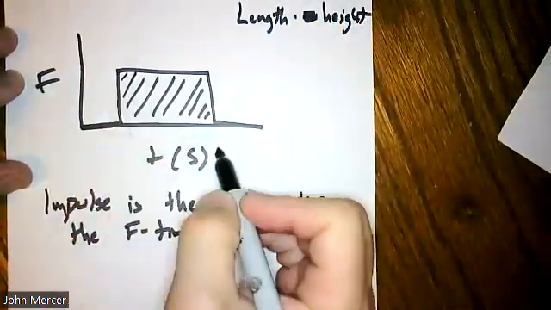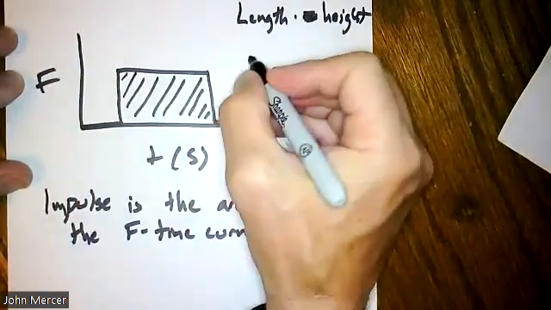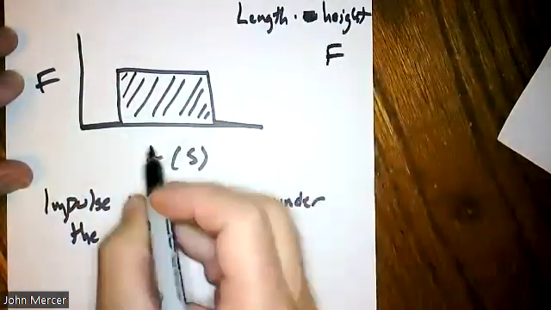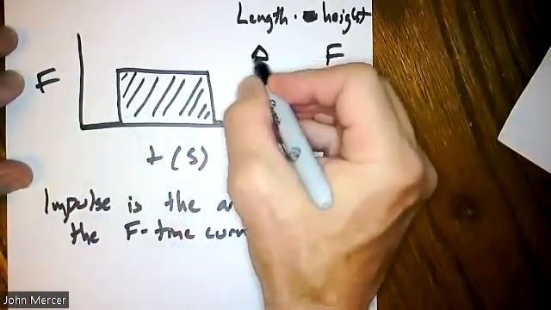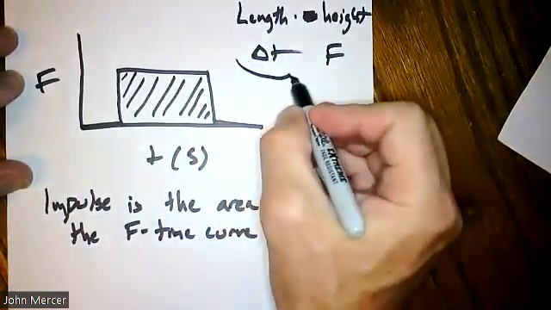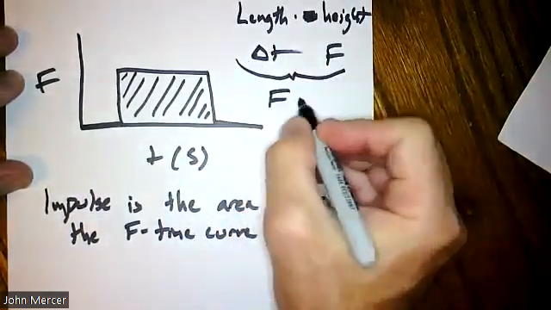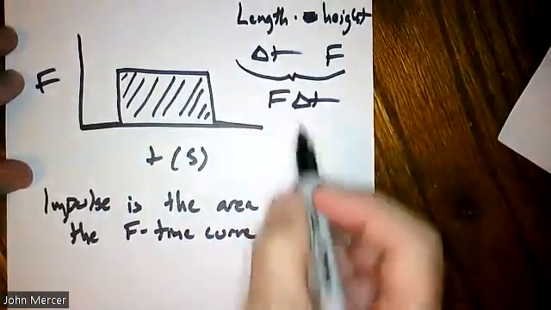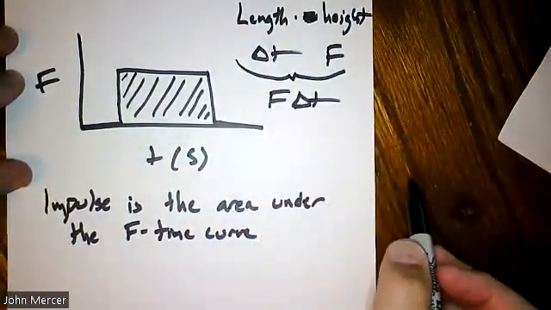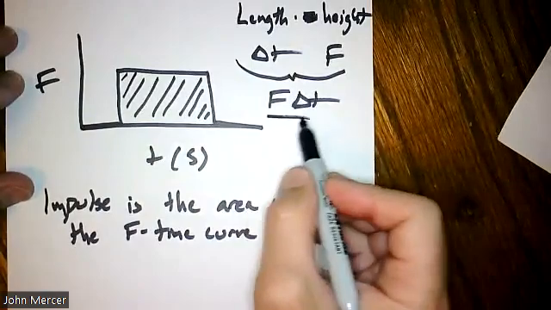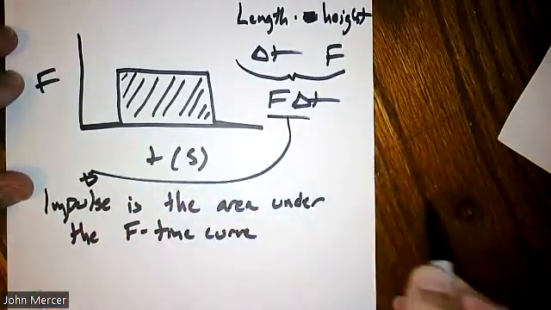So length times height. Well, what's our height? Our height is F, and our length is delta T. I wrote that backwards, but you can see that the product of those two, height and length, is F delta T, which you should automatically recognize as the equation for impulse.